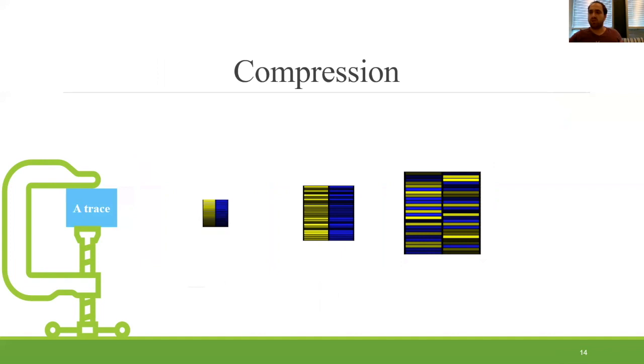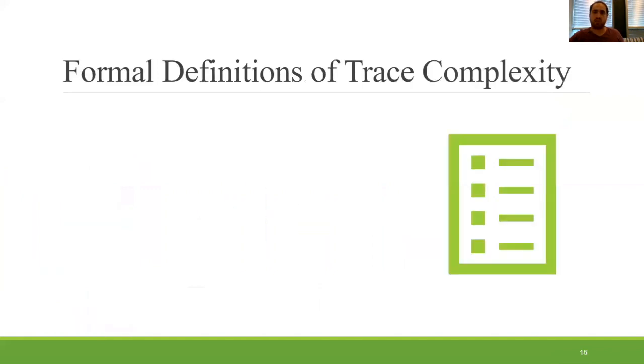And after compression, the sizes of the compressed traces are again ordered by the complexity, since compression is related to entropy and complexity. How do we take these compressed traces and define trace complexity using these traces?